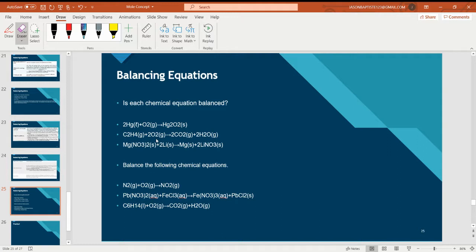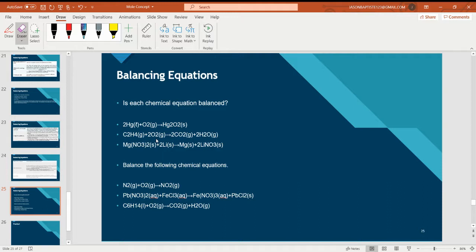Now, for the second equation, we have ethene, which is C2H4. Now, ethene is a gas. And then we add in oxygen because we want to burn it, right?